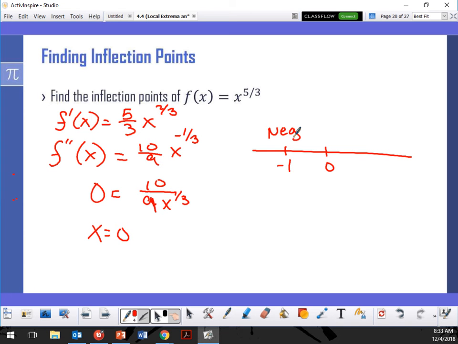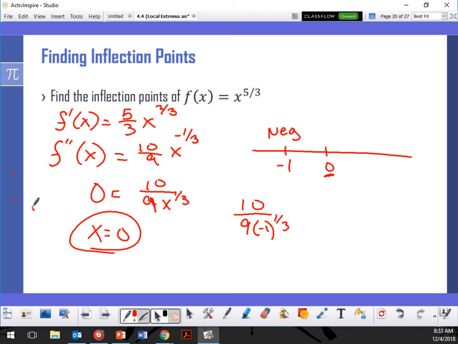Or like the number line? Okay, watch this. This is my f double prime not equal to 0, or f double prime does not exist, right? That's where I get this from. And now it's going to be 10 times 9 times -1 to the 1/3.